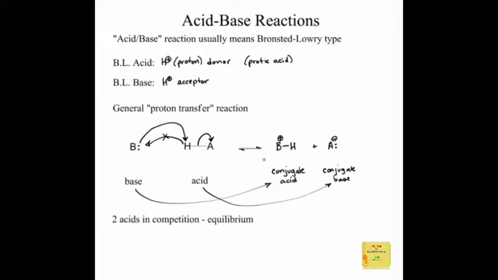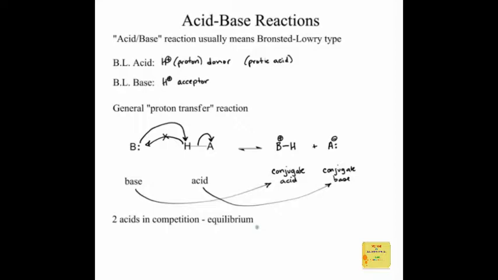And what we have here, as shown, is an equilibrium. We have two acids and two bases in competition on who's going to donate the proton and who's going to accept the proton. Because if you look at this reverse reaction, the reverse reaction would also be described as a proton transfer reaction, right? This now is a proton donor, and this is a proton acceptor, and these products would be the result of a proton transfer.